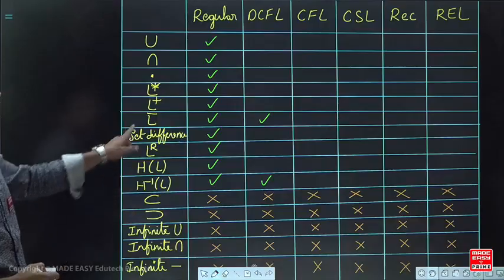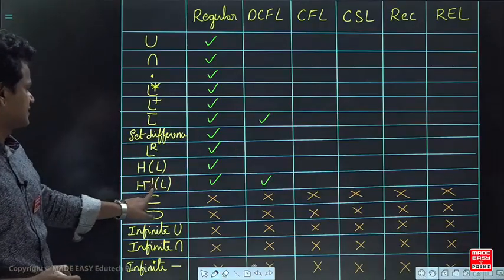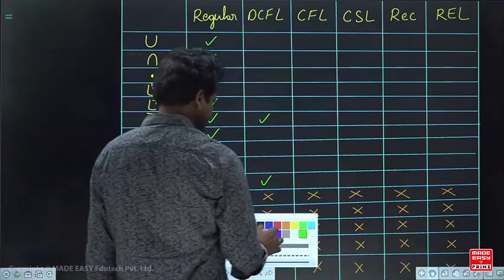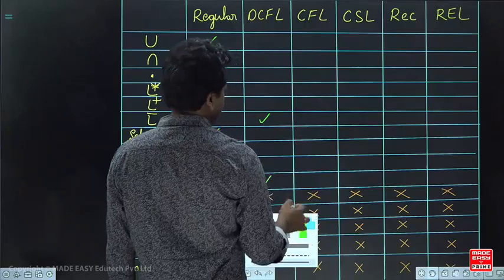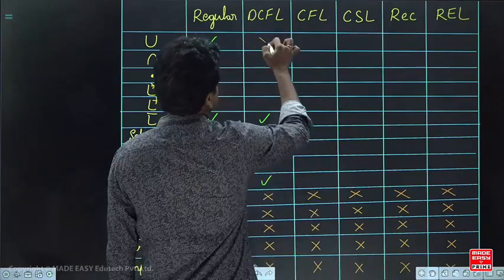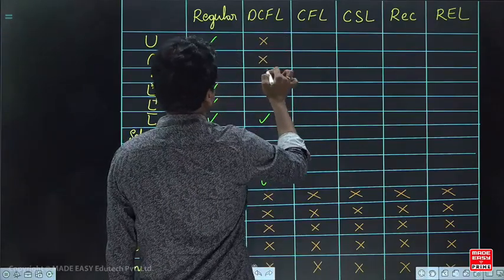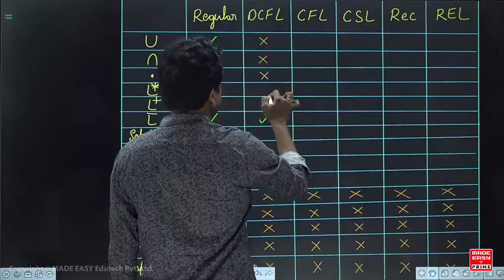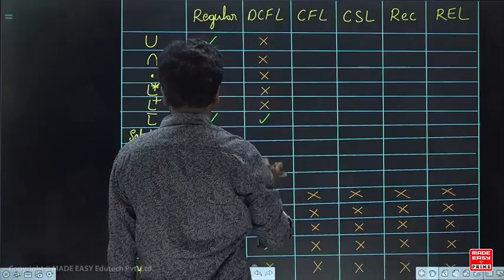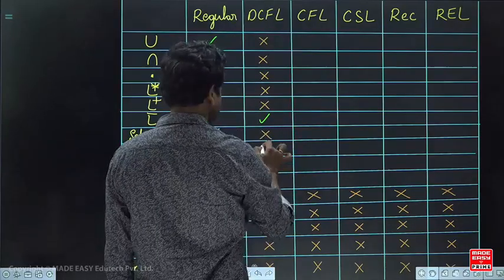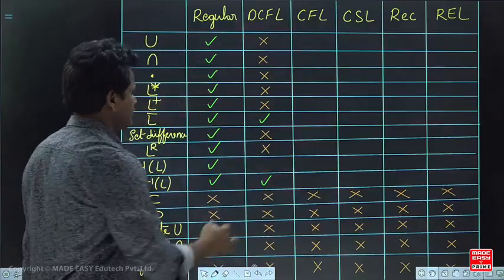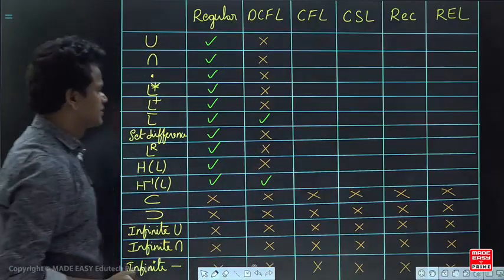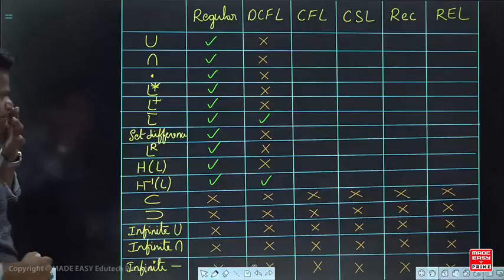DCFLs are closed under complement and inverse homomorphism, whereas they are not closed in other cases. So union not closed, intersection not closed, concatenation not closed, Kleene closure not closed, positive closure not closed, set difference not closed, reverse not closed, and homomorphism also not closed. Only closed under two operations.